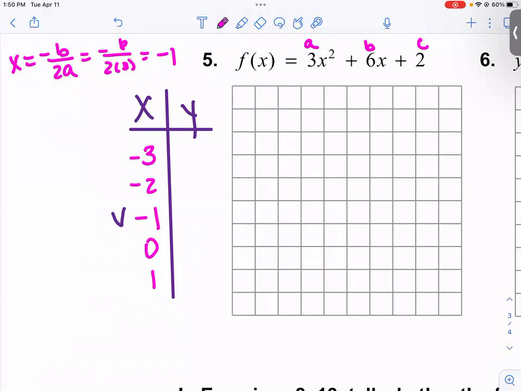Nine minus, I think it's just 2. Yeah, it is. Just 2.